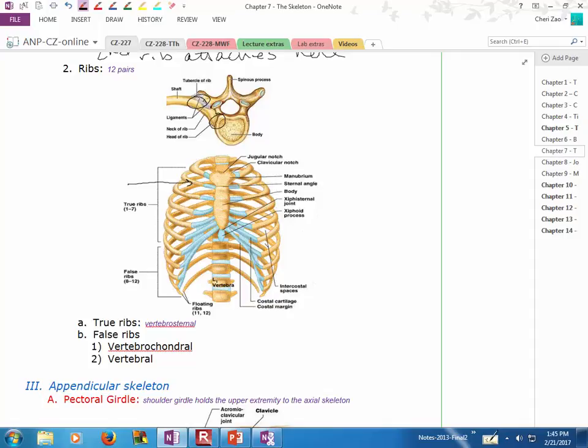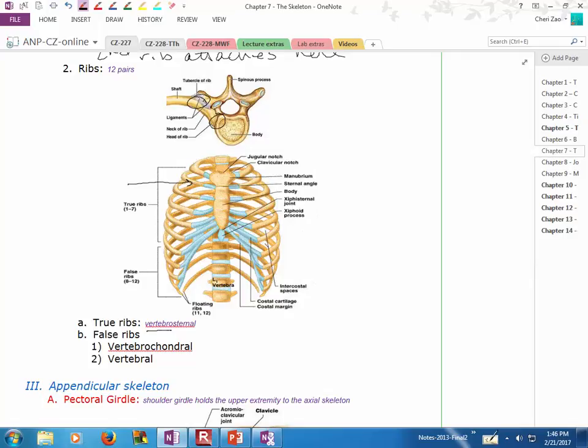And one reason that we call them true ribs is that there is a bone in the back and a bone up front that the ribs are essentially attaching to. The false ribs are not going to have one of those two attachments. And so let's take a look at our true ribs and realize they're called vertebrosternal. So we have an attachment that's vertebral, and we have an attachment that's anterior and sternal.